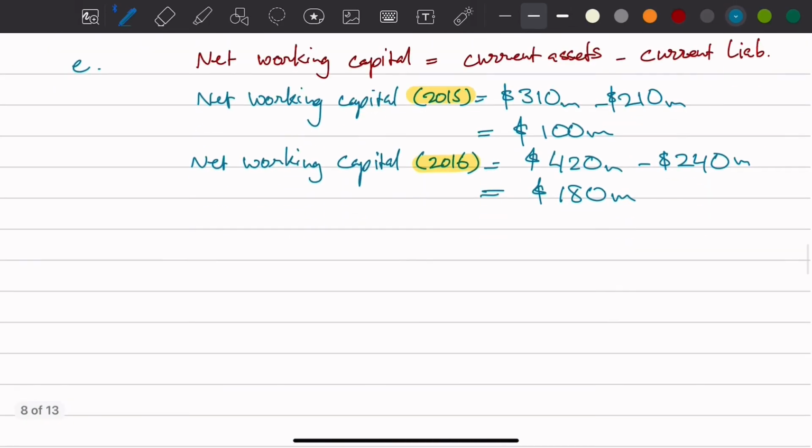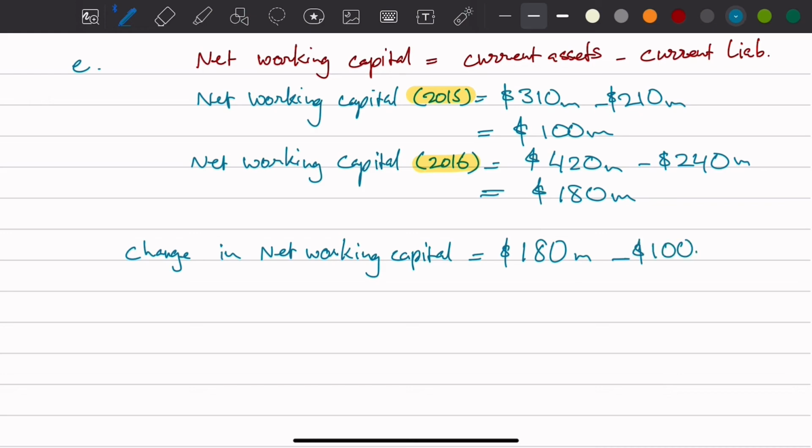So the change in net working capital equals 180 million, which was the net working capital of 2016, minus 100 million, which was the net working capital of 2015. So the change is $80 million. And that is the answer to part E.